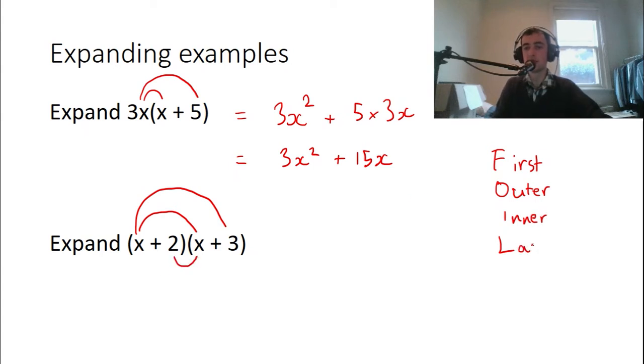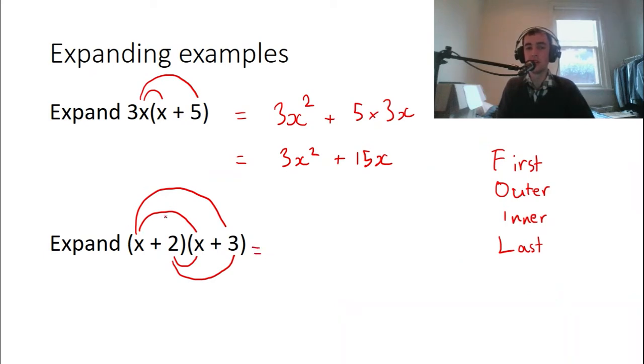And then the last two terms. And then you can ask yourself the question, have I multiplied every term in here by every term in here? So just take the 2, for example. Have I multiplied this 2 by everything in these brackets? Yes, I have. I multiplied it by the x, and I've multiplied it by the 3. Or at least I will. So now let's do that.